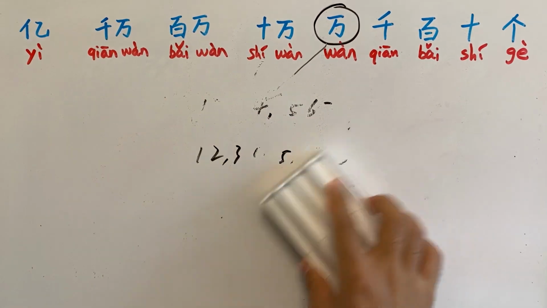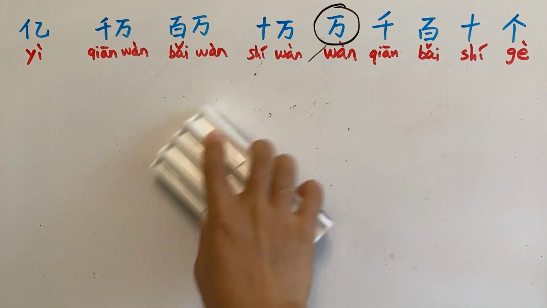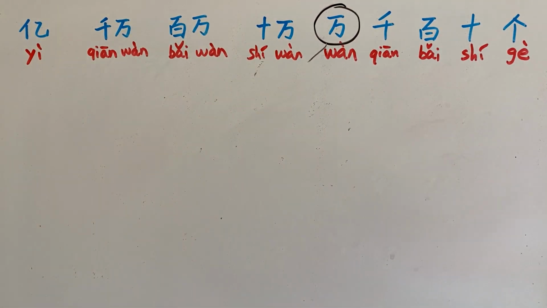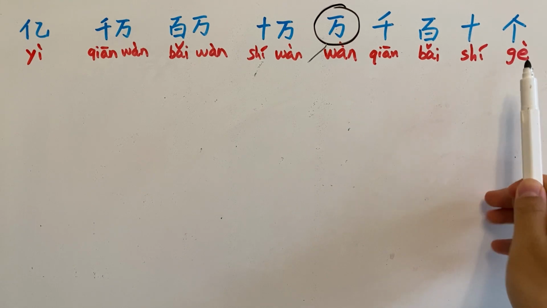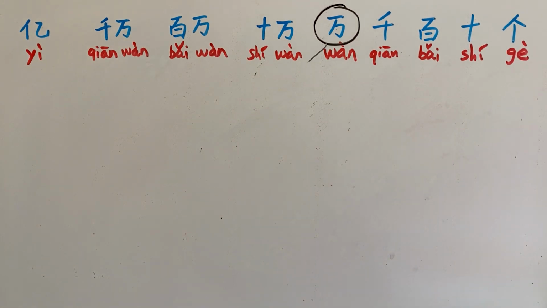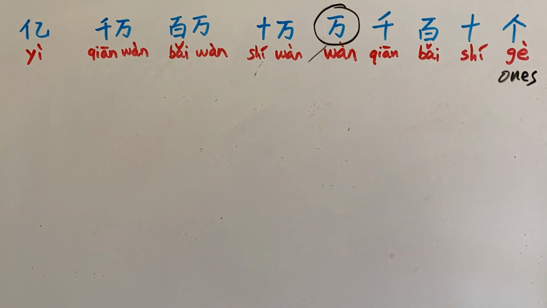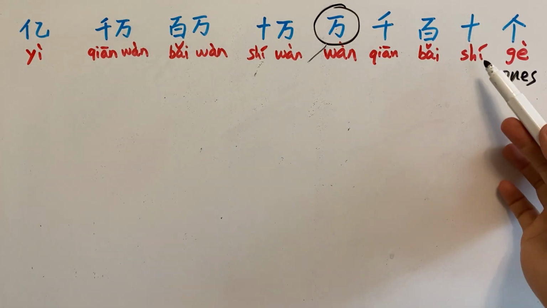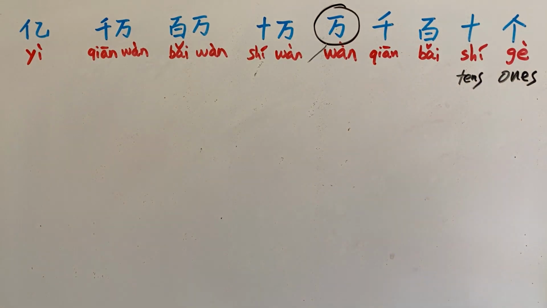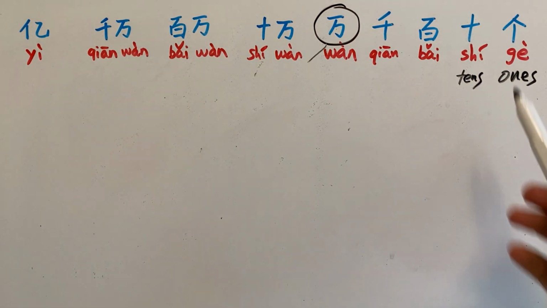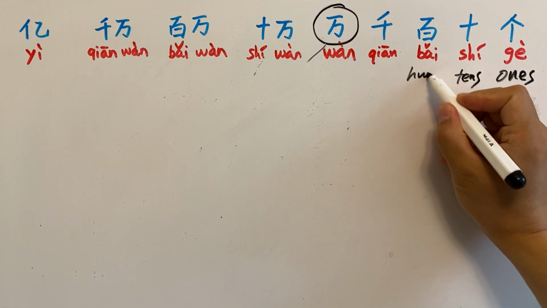Okay, let's learn how to count numbers step by step. First, we have 个, it means ones. I'll write it here. 十 means tens. 百, of course, hundreds.